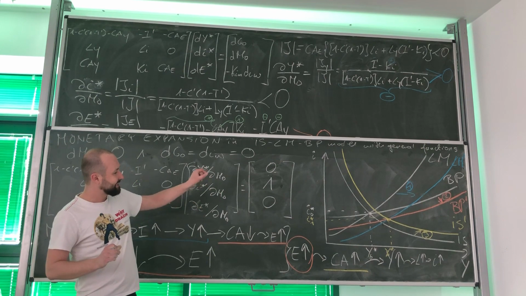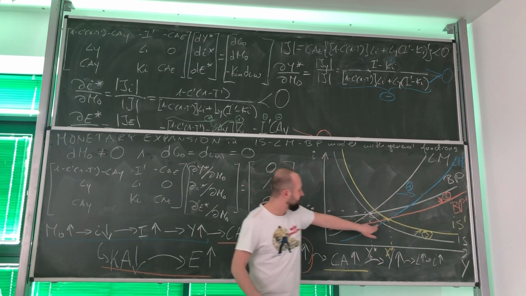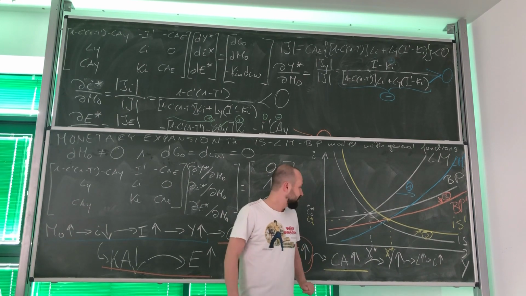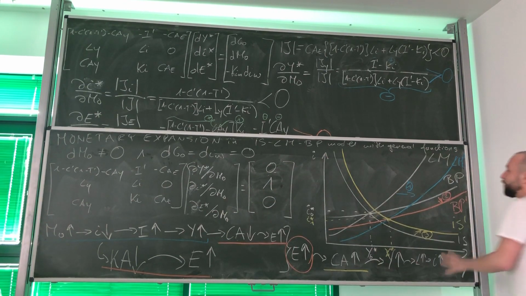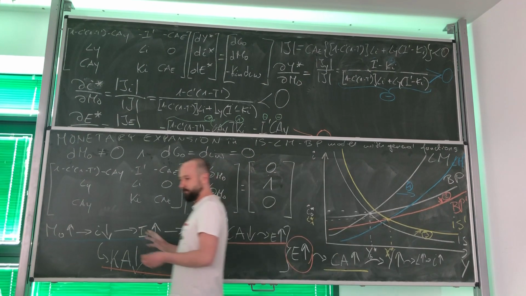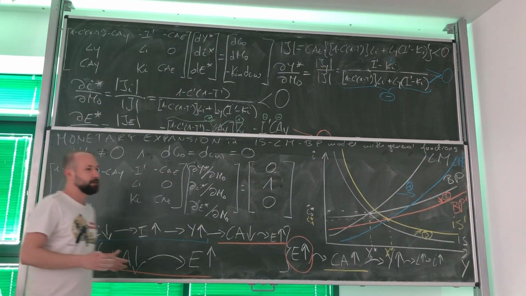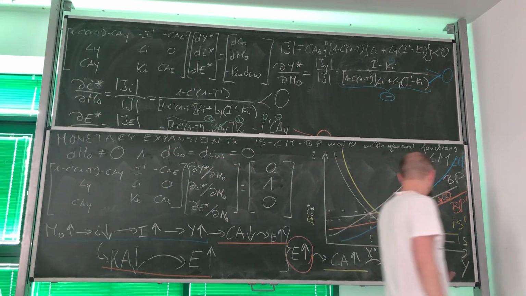However, it is slightly bigger than the one we would have in a closed economy. Right? So, we clearly see that monetary expansion is more powerful in the context of an open economy than in the context of a closed economy.